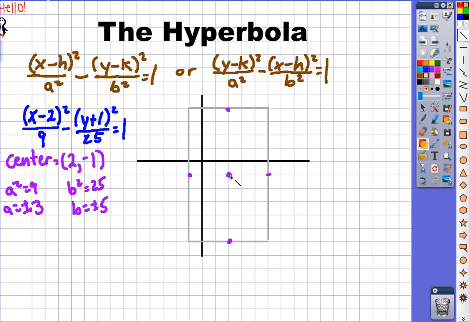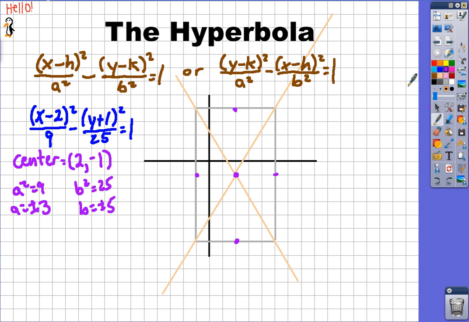So, let's do it this way. Not going to be the best, but it'll be good enough for our drawing. And kablammy. Now we've got to remember, where were the vertices? Which was the transverse axis?